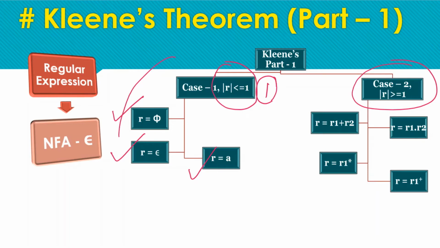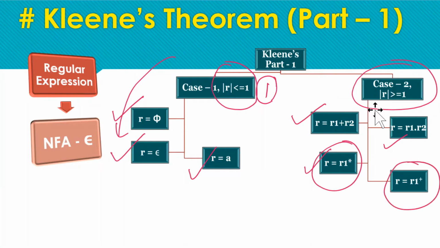Based on this, we move to case 2, where the length of the regular expression is greater than 1. Here the regular expression is divided into multiple sub expressions, which can be combined using union, concatenation, Kleene closure or positive closure. All these four cases come under case 2.